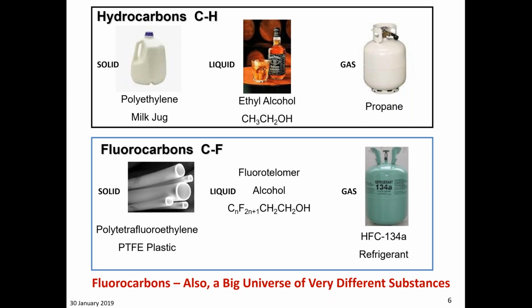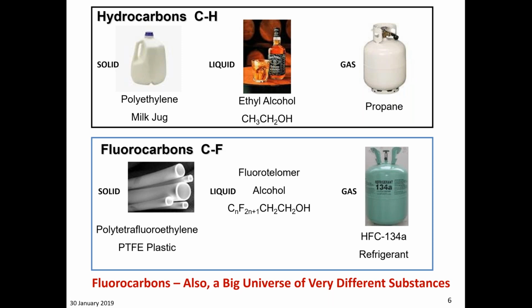It's similar to hydrocarbons because, quite frankly, all we've done is replace the hydrogen in a lot of these substances with fluorine. Starting on the left-hand side, we have the solid polymer polytetrafluoroethylene. It's sold for its material properties. It's high molecular weight, just like a polyethylene milk jug. On the right-hand side, we have a refrigerant gas, HFC-134a.